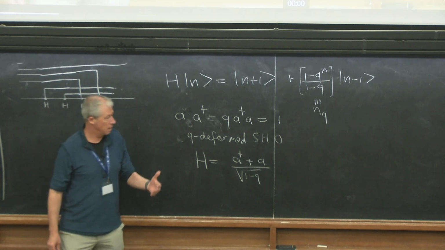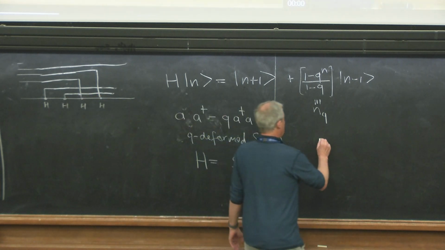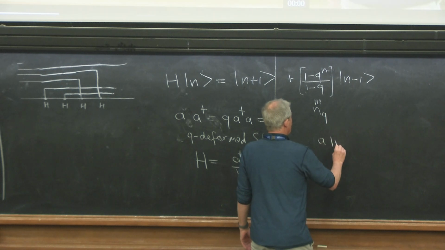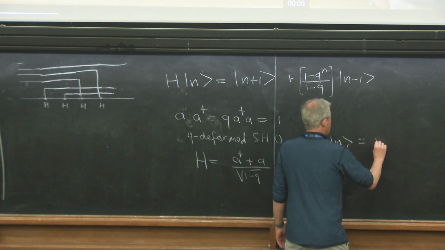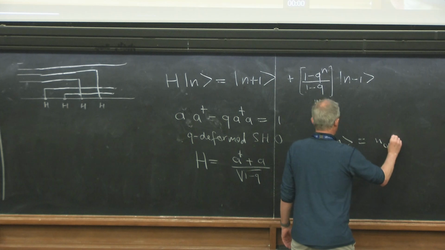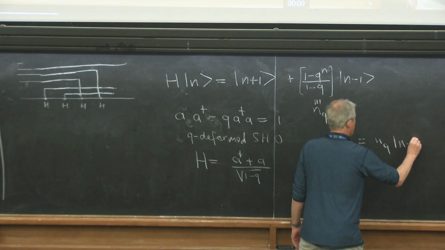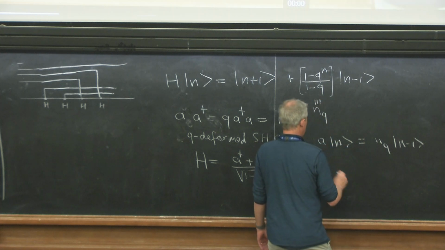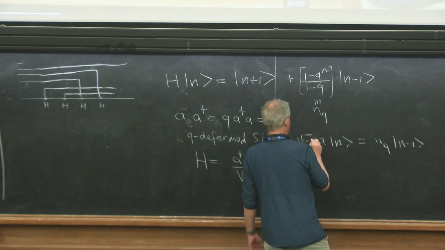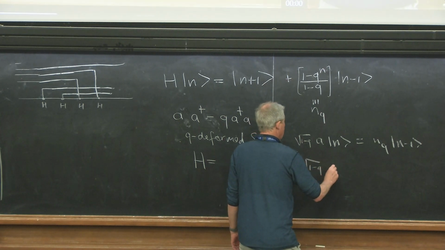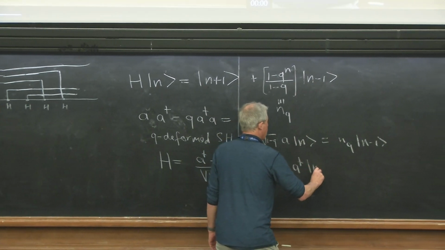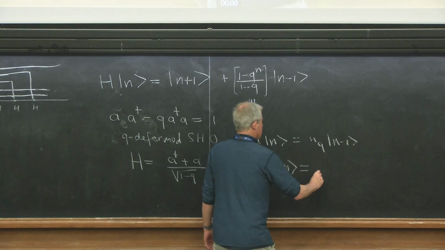So it turns out that if I introduce this algebra, and I make a representation of this algebra in the usual way, where in this case I'm normalizing my states so that A on n is [n]_q times n minus 1, and maybe with a factor of square root of 1 minus q in front of it, and square root of 1 minus q A dagger on n is n plus 1.